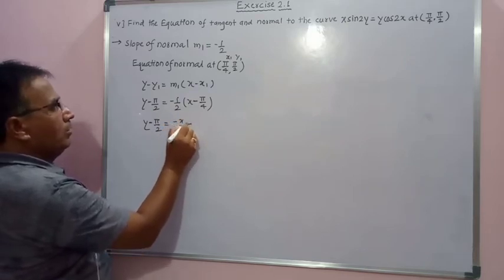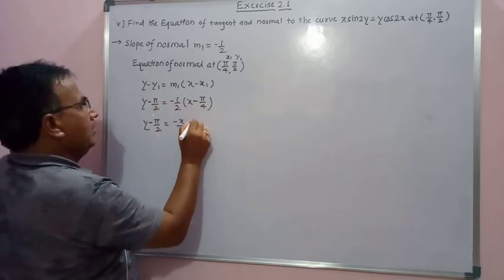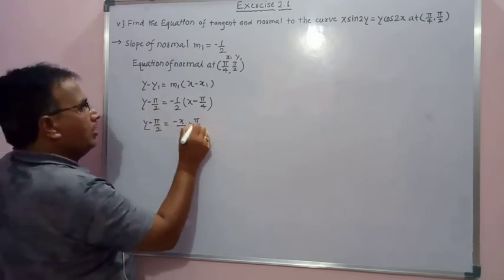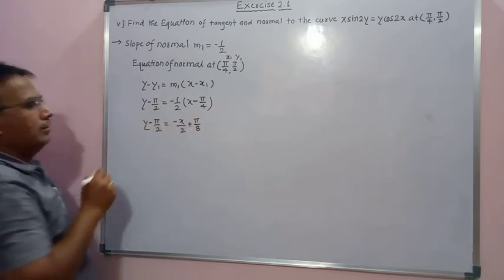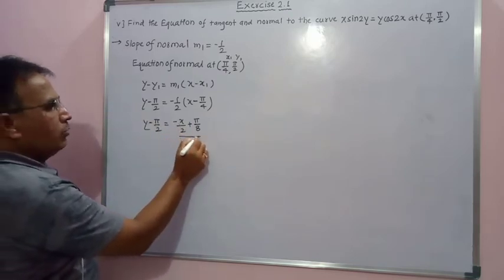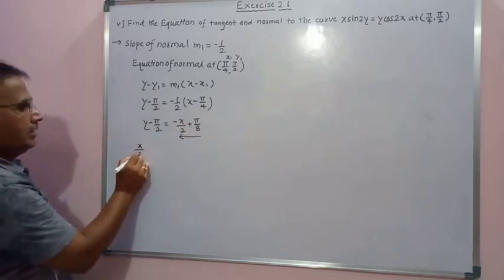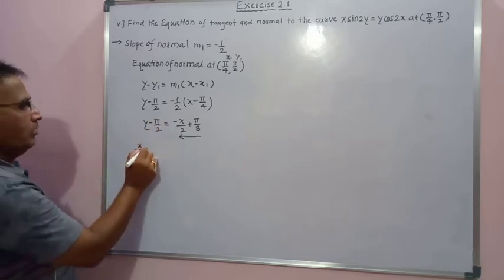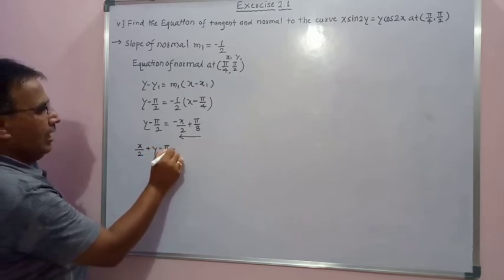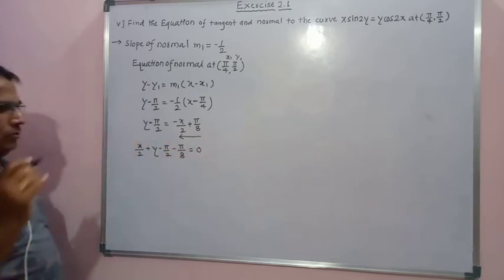Minus 1 by 2 into x, minus 1 by 2 into minus pi by 4, gives plus pi divided by 2 into 4, which is 8. Therefore, minus x by 2 and plus pi by 8, transposing to the left side: plus x by 2, plus y minus pi by 2, and this pi by 8 is minus pi by 8, equals 0.